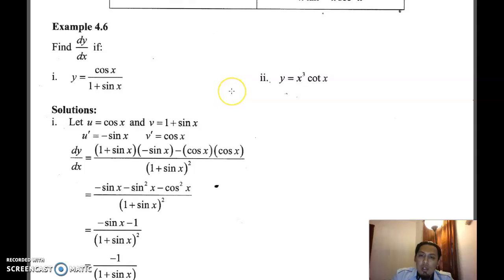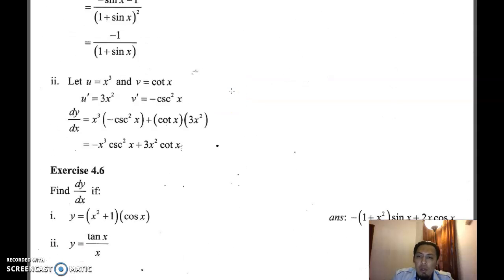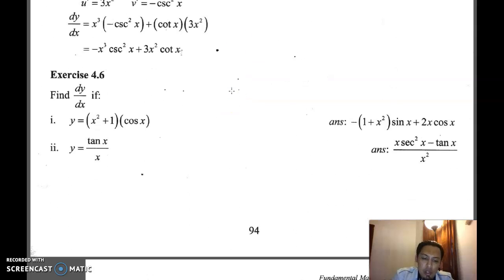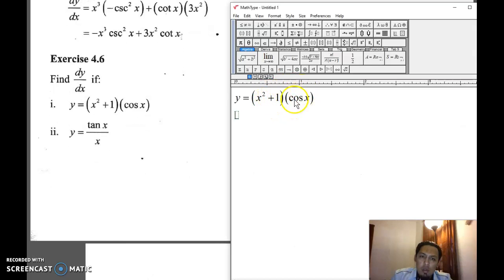Okay, so let's try to look at exercise 4.6. As you can see here, we have a derivative that needs us to use the product rule. However, we also have a trigonometric function inside this equation. So just go ahead and define u and v and find that u prime is 2x.